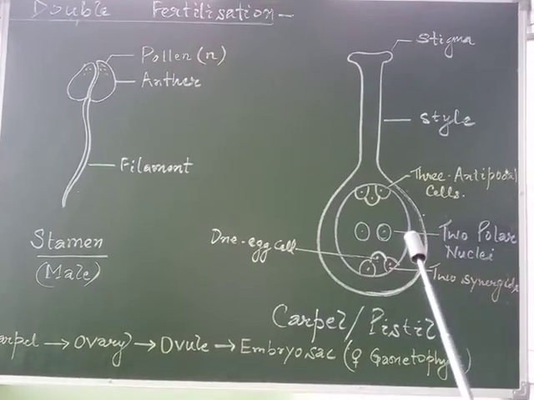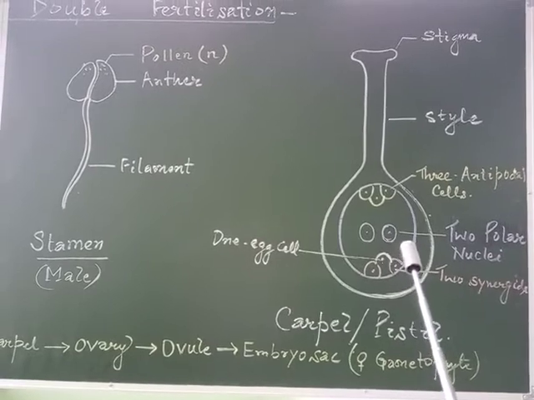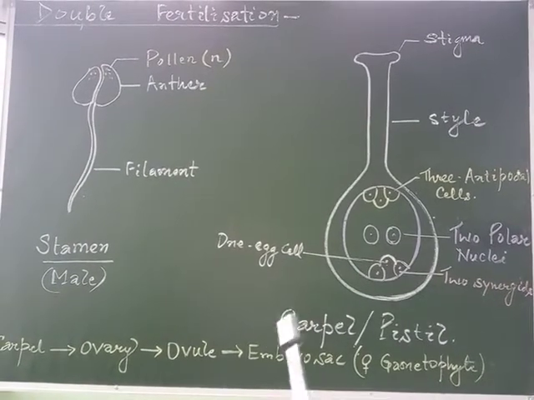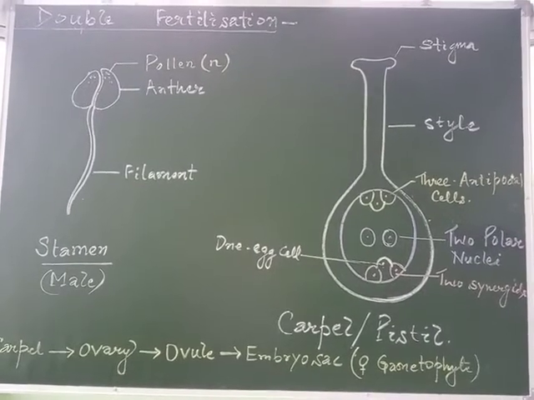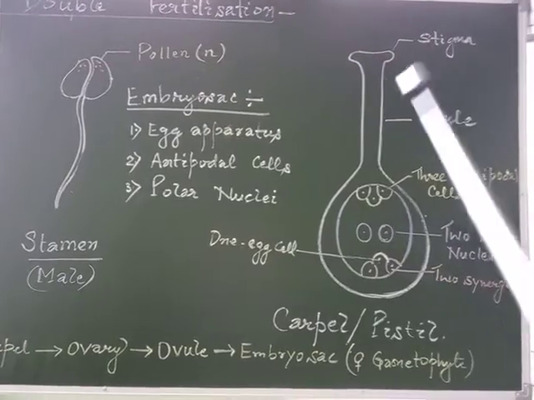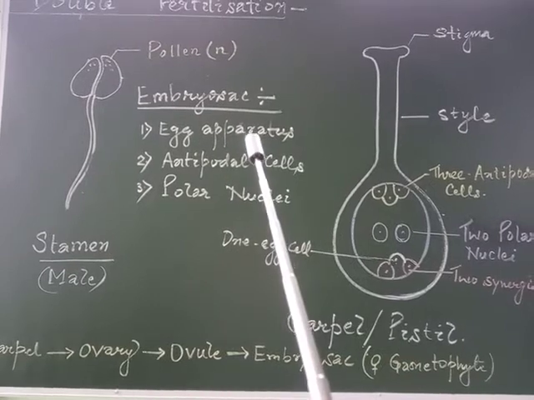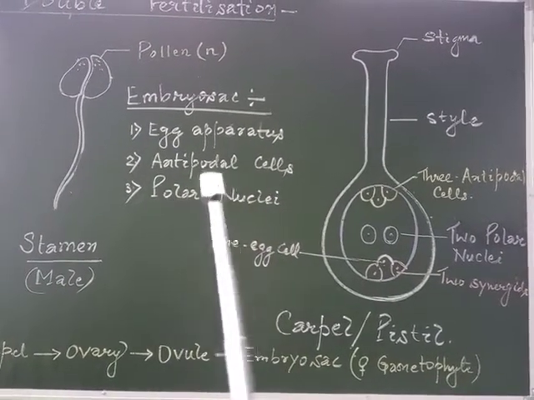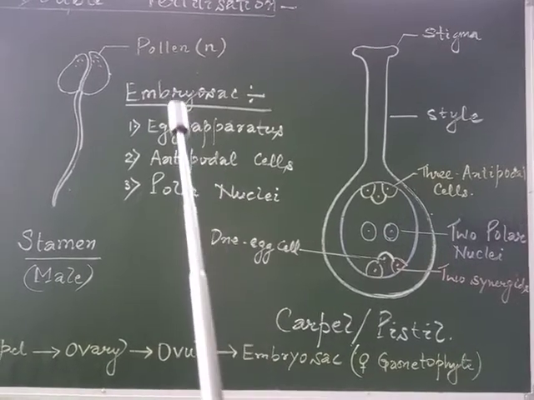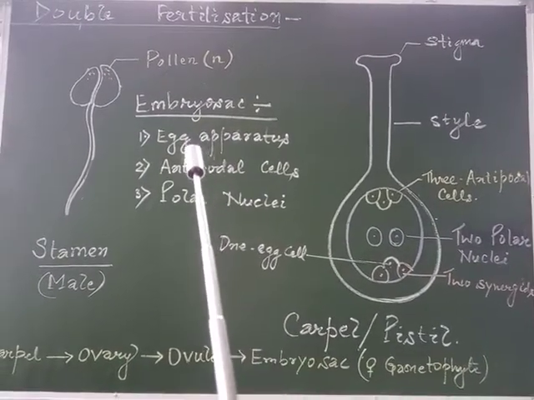Within the ovule, the embryo sac consists of the egg apparatus, antipodal cells, and polar nuclei.